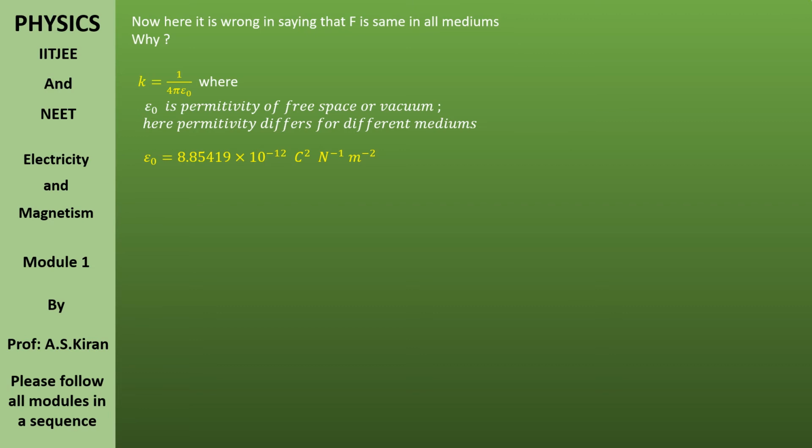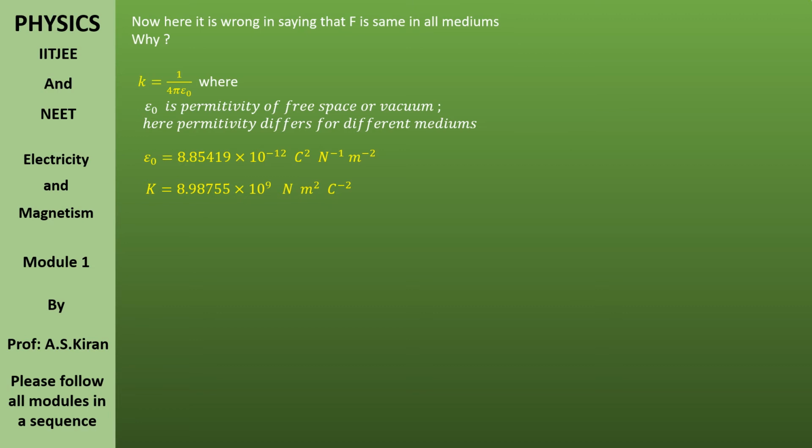Now, epsilon naught, the permittivity of free space or vacuum, or we can consider air also, is equal to 8.85419 into 10 power minus 12 Coulomb square per Newton per meter square.